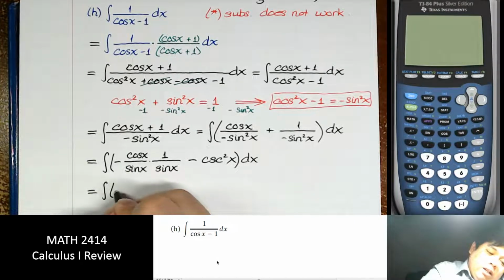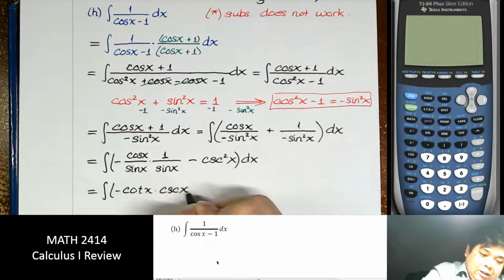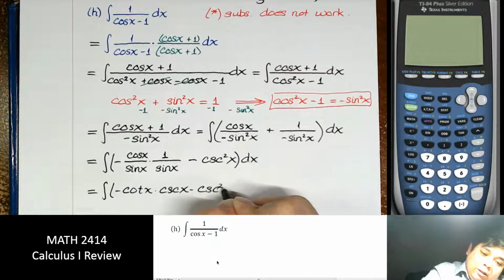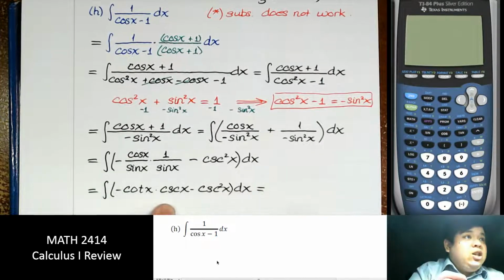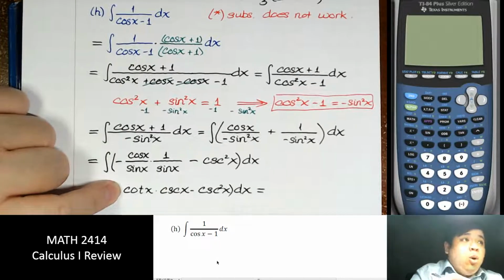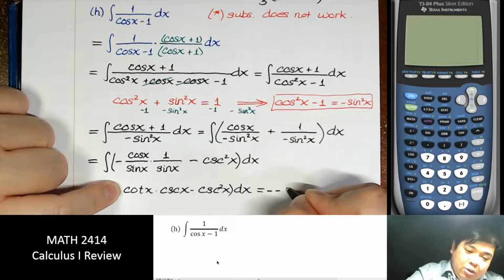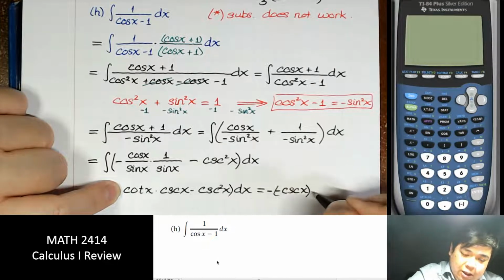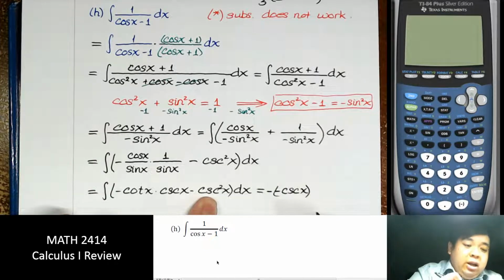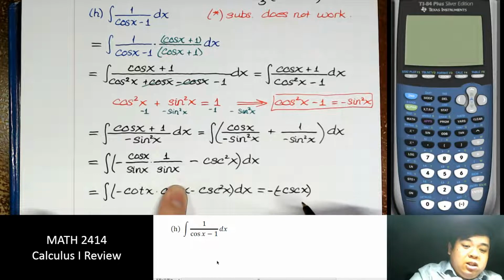Cosine over sine is cotangent. 1 over sine is cosecant. Cotangent times cosecant, the integral is negative cosecant, because negative cosecant squared is the derivative of cotangent.